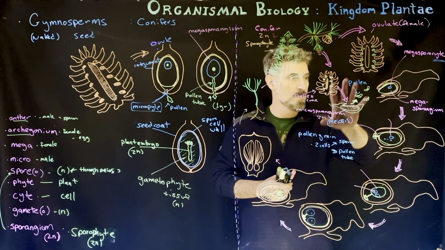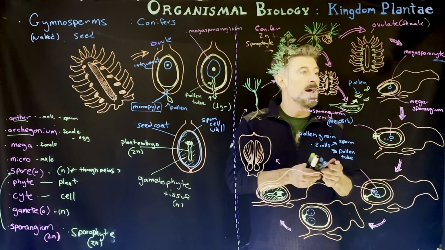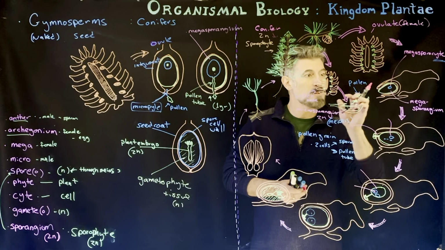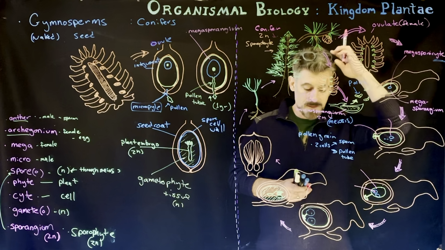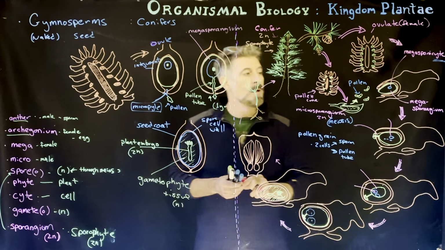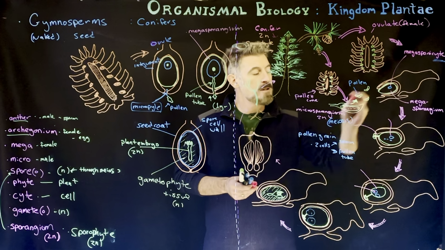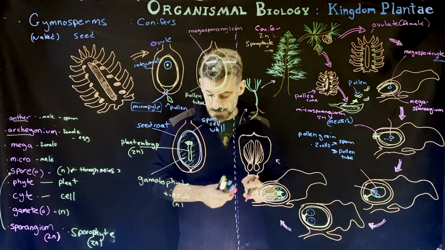In any case, moving on, we have this tissue here, the megasporocyte, which is the cell itself, and then we have the megasporangium, which is the tissue surrounding it.